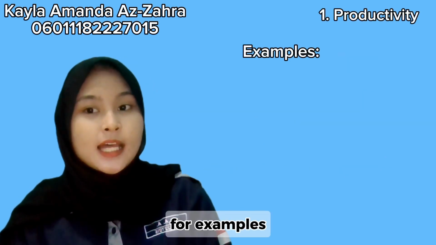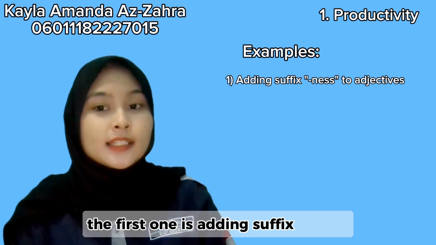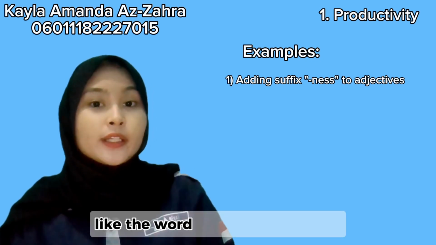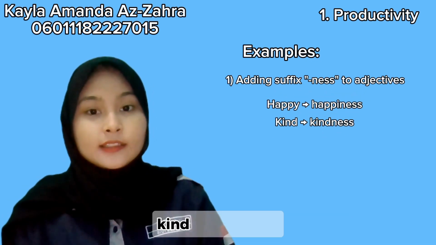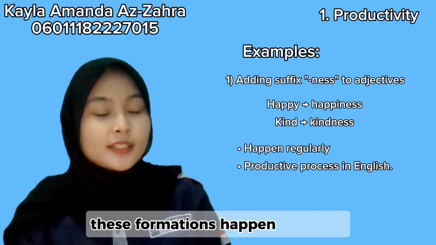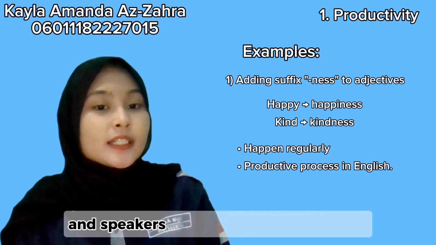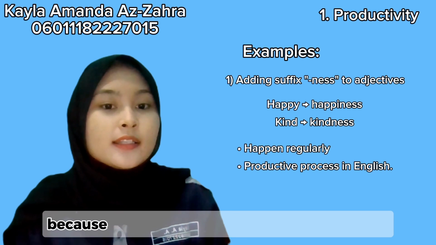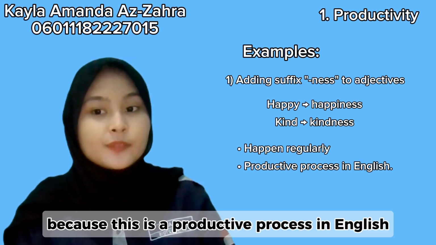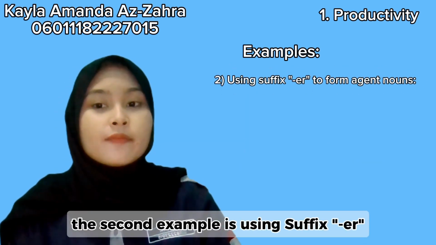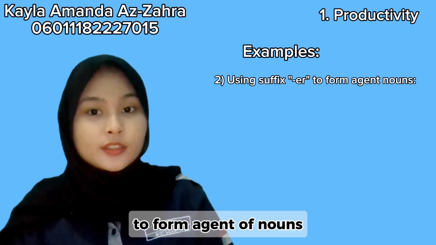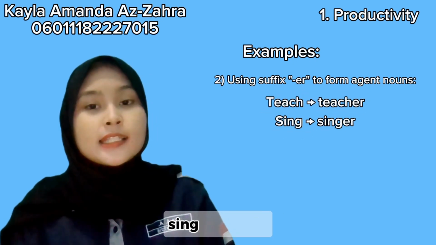For example, the first one is adding the suffix -ness to adjectives, like happy to happiness, kind to kindness. These formations happen regularly and speakers use them without thinking because this is a productive process in English. The second example is using the suffix -er to form agent nouns: teach to teacher, sing to singer.